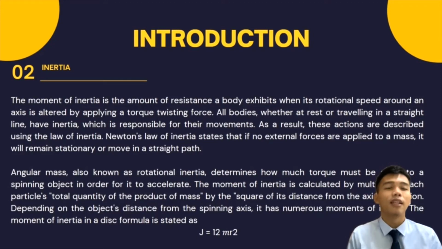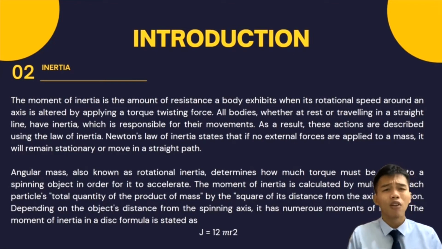Next is angular mass. Angular mass is also known as rotational inertia. It determines how much torque must be given to a spinning object in order for it to accelerate. The moment of inertia is calculated by summing, for each particle, the product of its mass and the square of its distance from the axis of rotation.